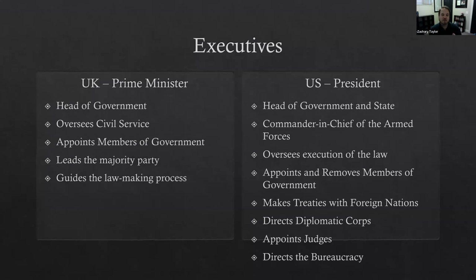But that is a much more important power for the prime minister to exert. And by leading the party, by being elected by the party in the UK, the prime minister can serve in a couple of different roles that are very domestically minded. But the prime minister also then doesn't have a lot of functional power on that global stage.